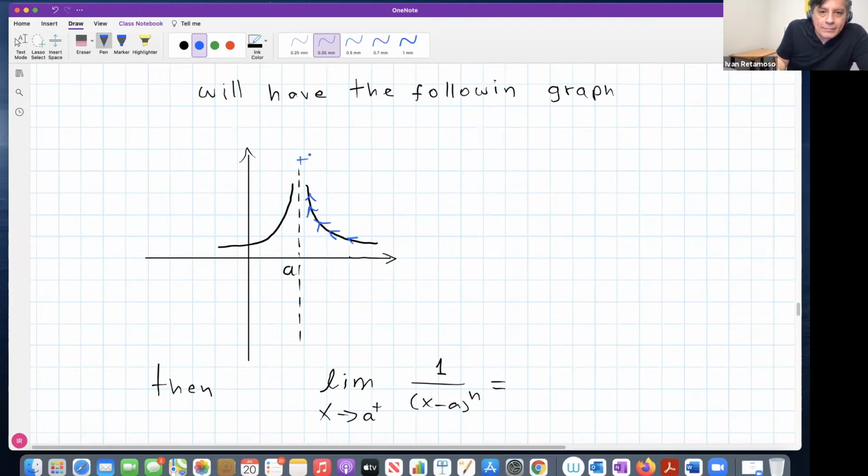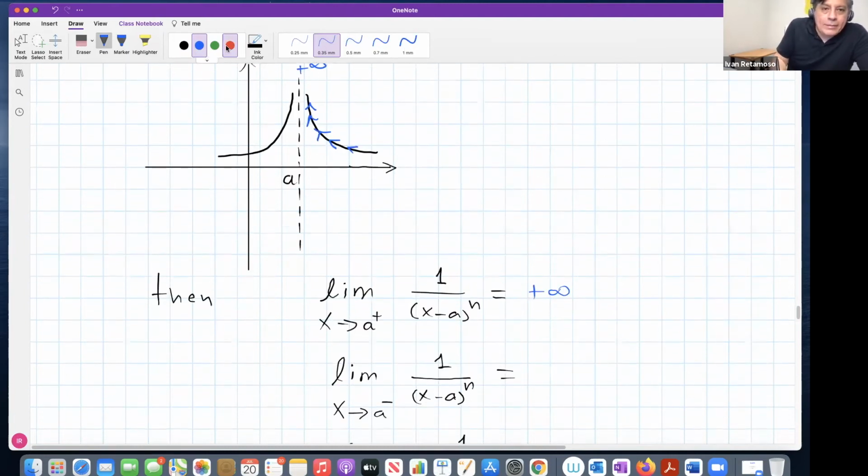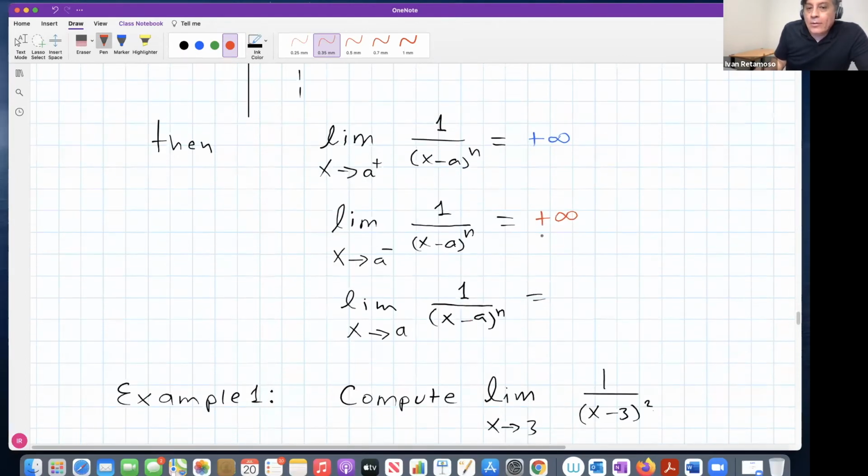This is plus infinity. And if you approach from the left, the same, since the exponent is an even number, such as 2, 4, 6, 8, still up, so plus infinity. Since there is convergence, this will be positive infinity.